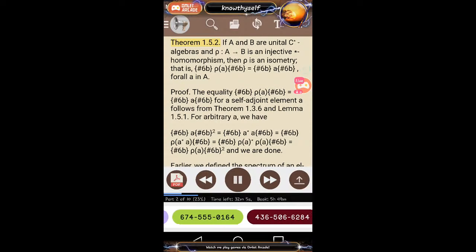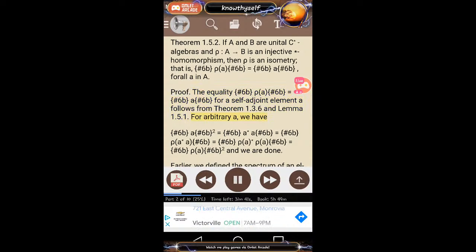Theorem 1.5.2. If A and B are unital C* algebras and ρ: A → B is an injective homomorphism, then ρ is an isometry, that is, the norm of ρ(a) equals the norm of a for all a in A. Proof. The equality of norms for a self-adjoint element follows from theorem 1.3.6 and lemma 1.5.1.